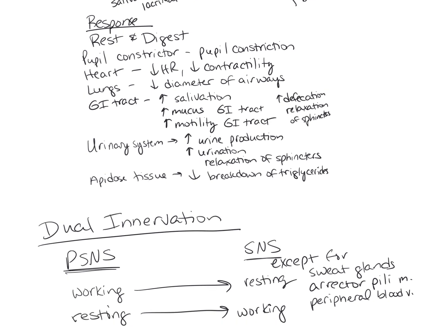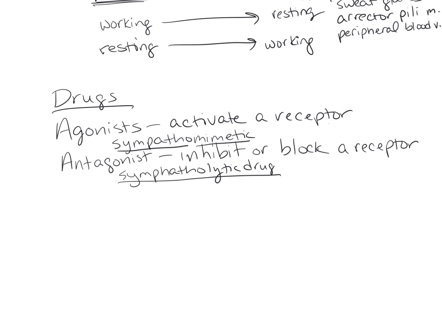So that's how I would like you to think about agonists and antagonists, because when you get to a pharmacology class, you're going to be looking at agonist drugs and antagonists. And again, a sympathetic agonist is known as a sympathomimetic drug, whereas an antagonist is known as a sympatholytic drug.